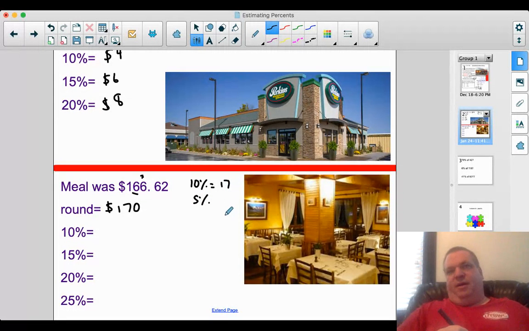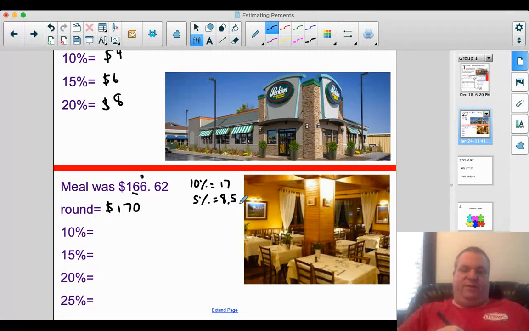Well, this is an odd number, so we have to be careful here. We're not going to get a whole number, but that's okay. It's dollars. We can have non-whole numbers. So if 10% is 17, half of 17, well, 17 is between 16 and 18. Half of 16 is 8. Half of 18 is 9. So this would be 8.5.